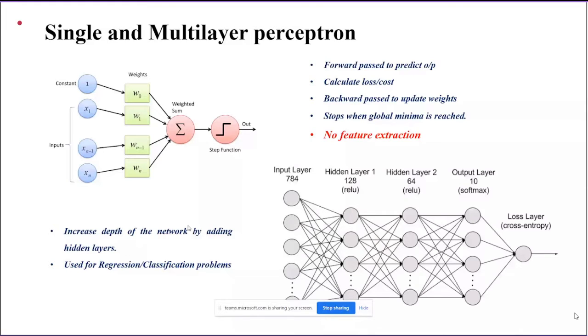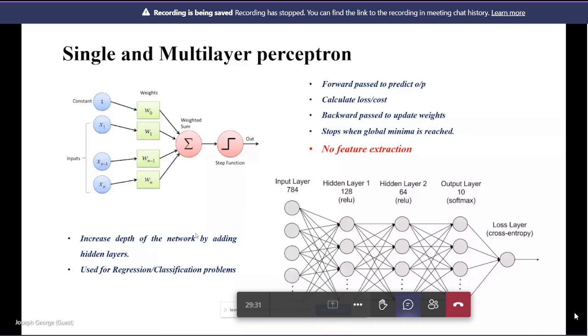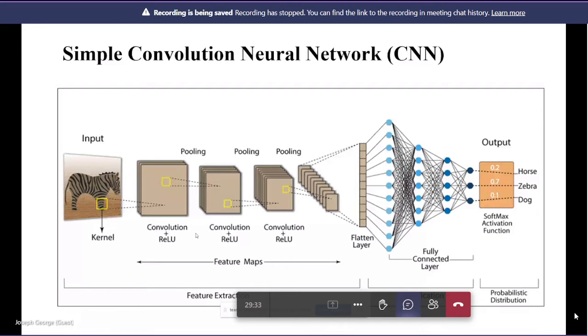Whereas in CNN, we don't need to extract the features; the network will automatically extract the features using these convolution layers, which are then flattened, and the extracted features are passed through this artificial neural network. This artificial neural network will do the classification and finally give a probability, and based on the probability we can predict whether it belongs to one particular class or not.